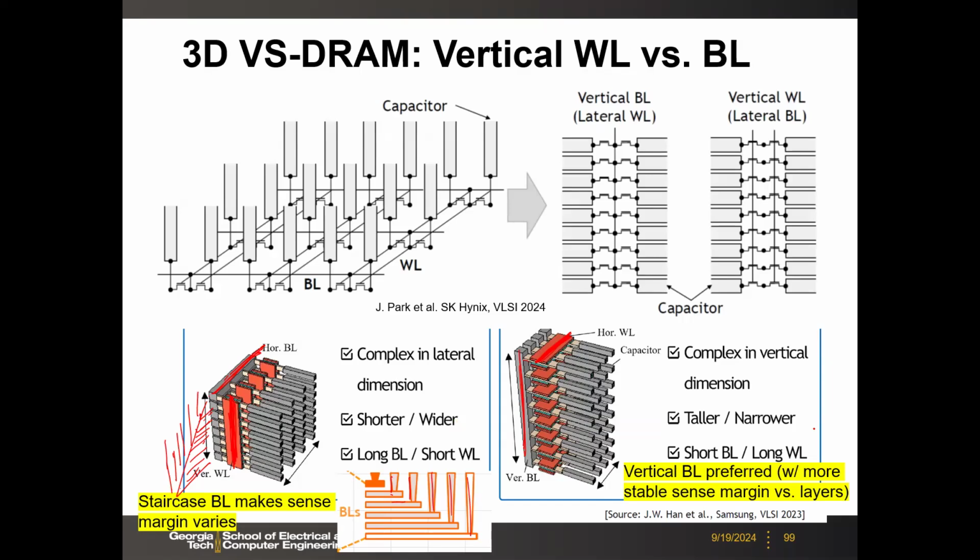So that's why probably we would prefer, we don't know yet, this is still active research. From the sense margin point of view, we would prefer this vertical bitline design, okay? Because all the bitlines are connected directly up, there's no difference in terms of the bitline to bitline sense margin, okay?